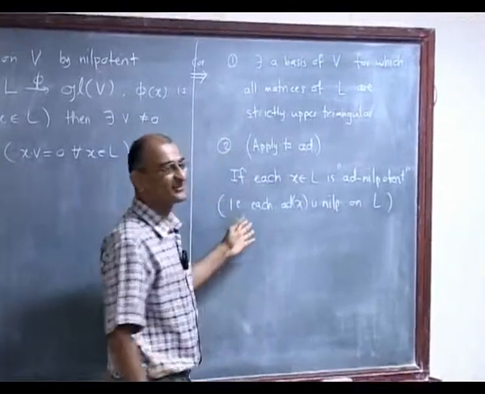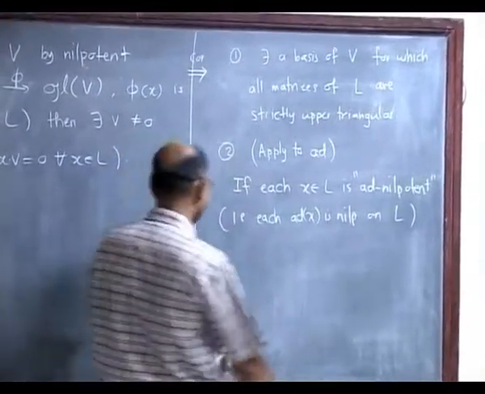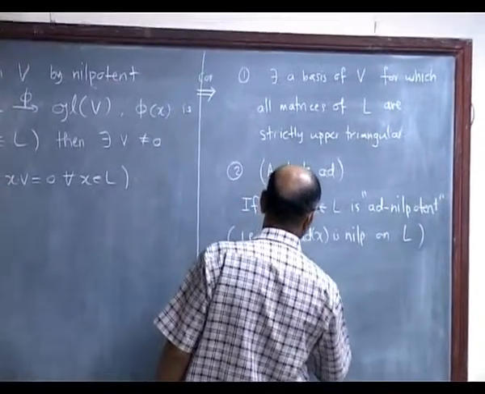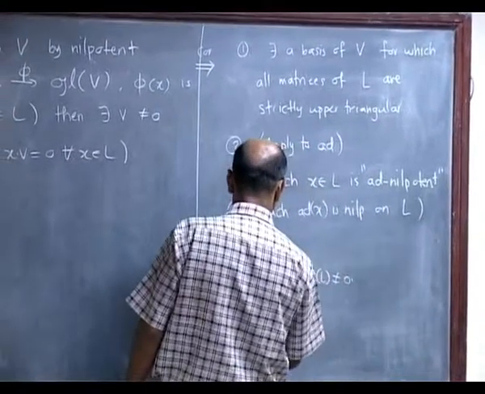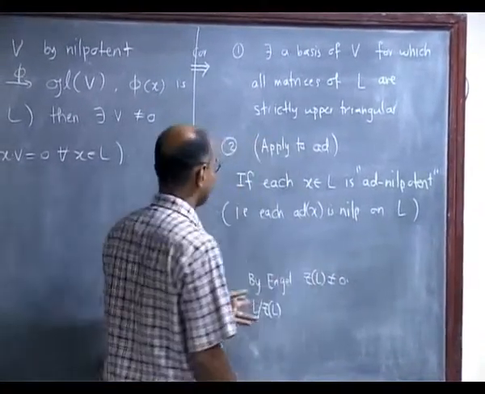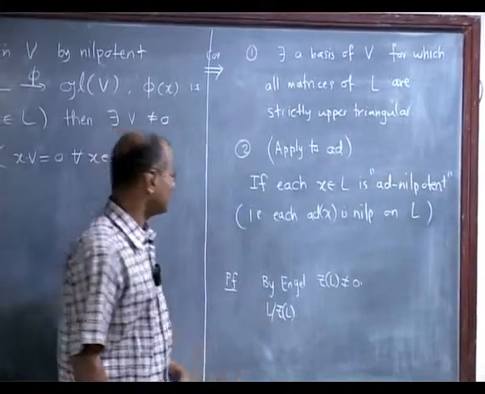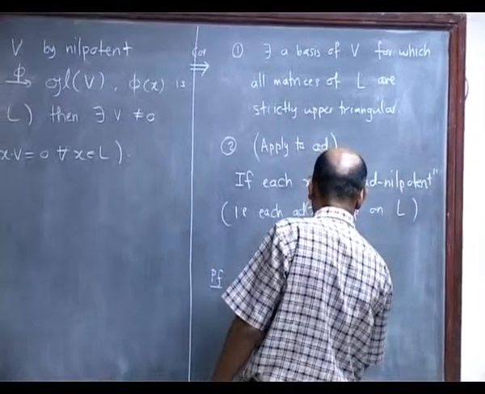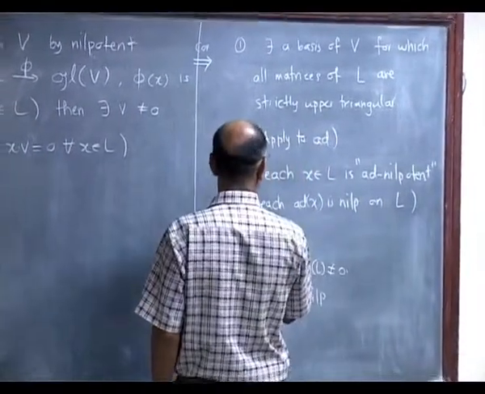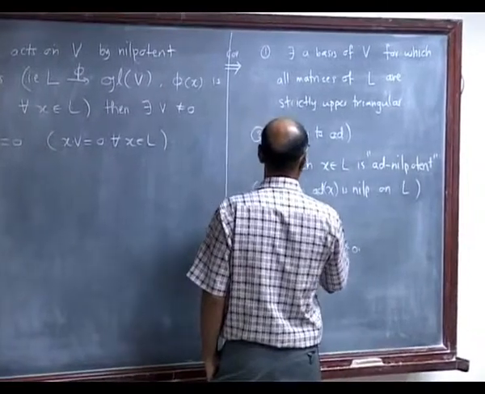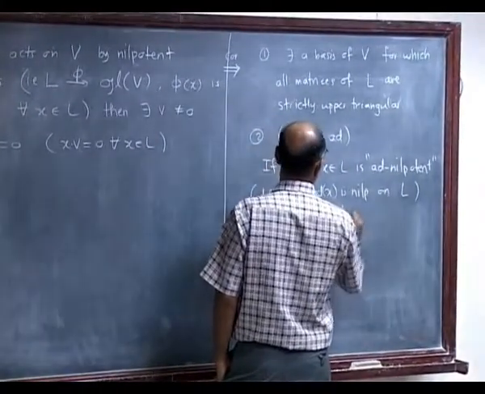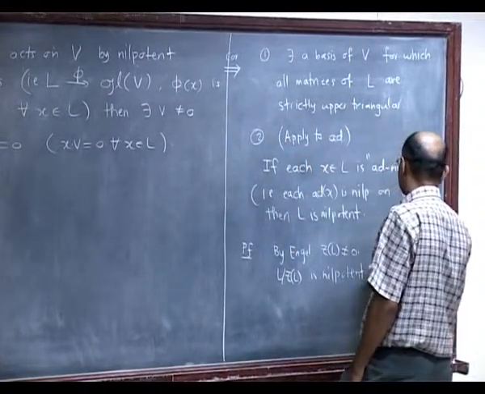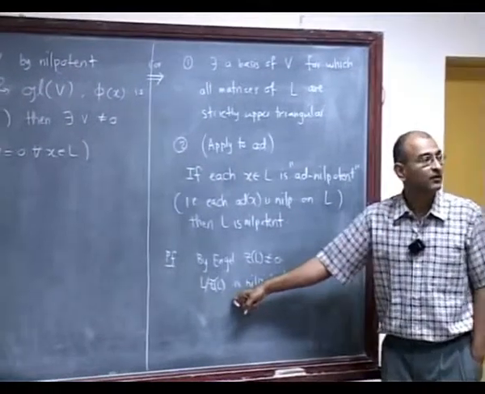I have not stated my conclusion yet, but we will just be sort of forced to it. Proof by Engel: Z of L is not equal to 0. L mod Z of L has the same property, and so by induction I can say that it is nilpotent. I have come some dimension down where the same property is true.